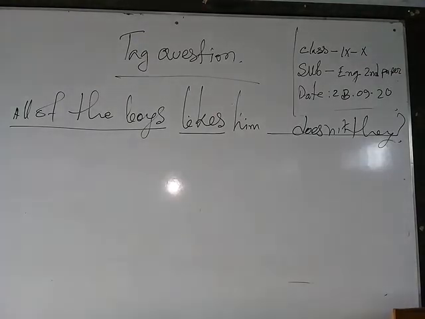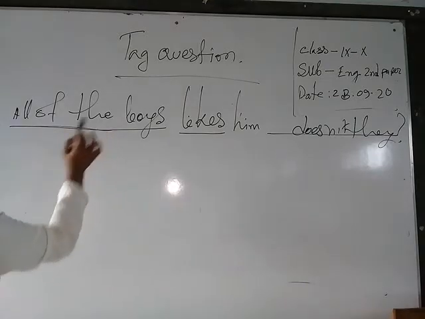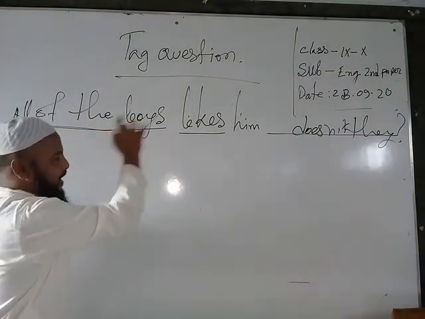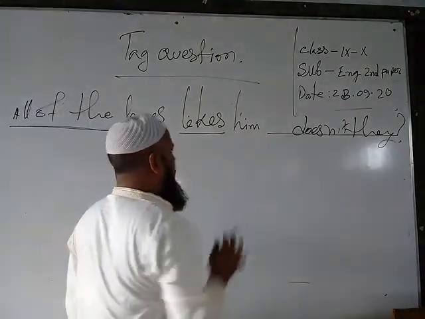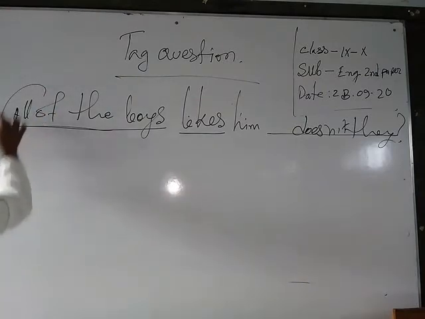Exactly. All of the boys, none of the boys, all of them. If the sentence has all of the, then the subject is third person plural, and we use they. All of is a plural form.